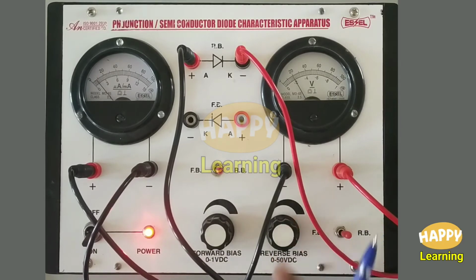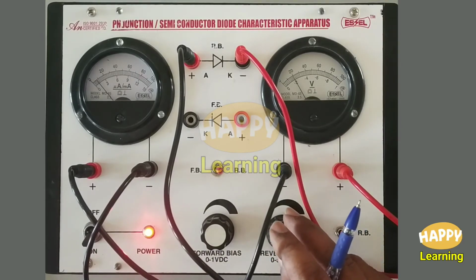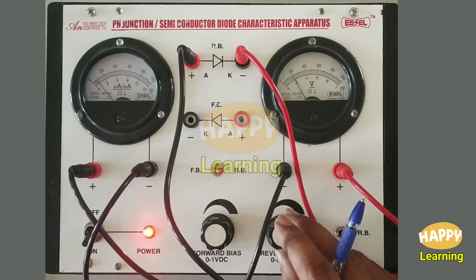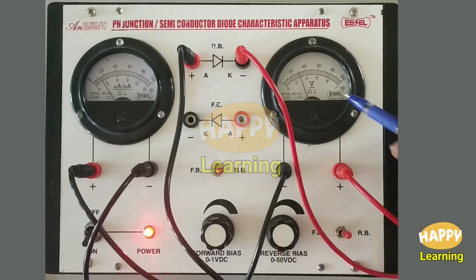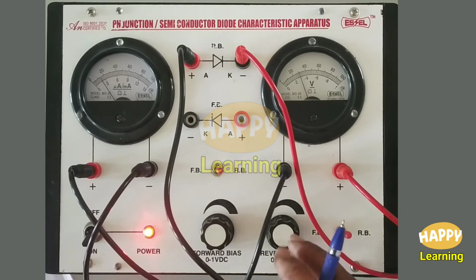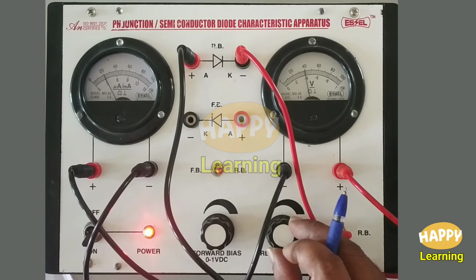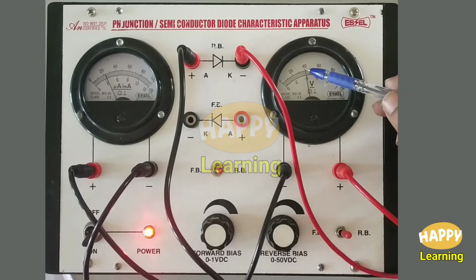Each division is equal to 2, so 4 into 2 equals 8 microamperes. Then for 30 volts, between 20 and 40, the midpoint is 30 volts. For 30 volts, the current is 7 divisions, that is 14 microamperes. Then for 40 volts, it is 2 divisions beyond 20, meaning 24 microamperes.